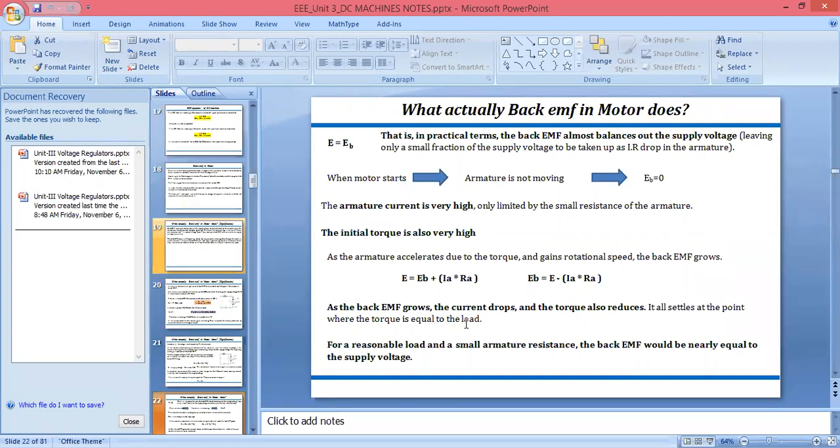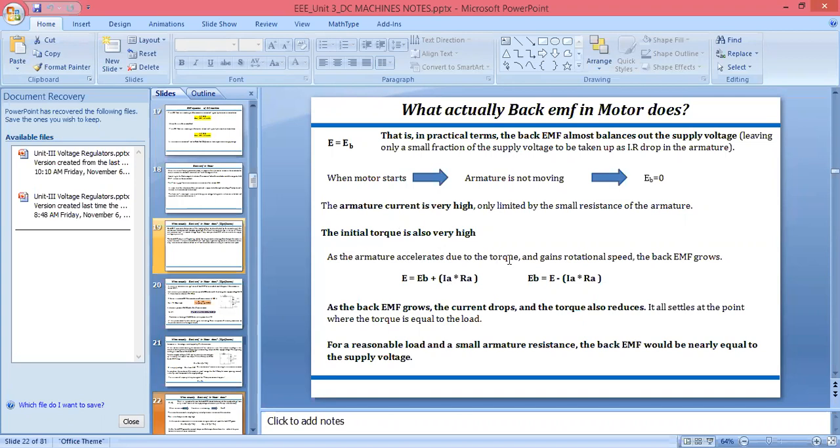Because if the value of back EMF is 0, at that time the value of current increases, and due to that torque will also increase. As torque increases, the armature accelerates, which means the armature will start to move just because of the torque.